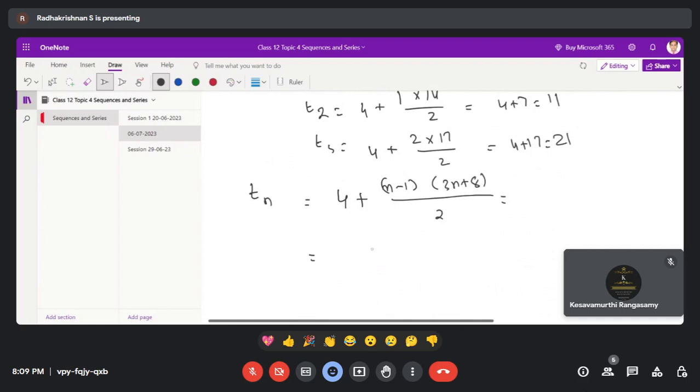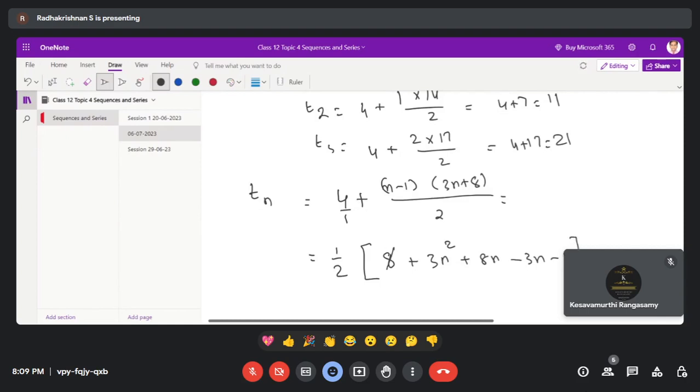Then only we can solve it, right? So this is going to be therefore 4 plus 1 by 2 into n minus 1 into 3n plus 8, which is 3n square plus 8n minus 3n minus 8.